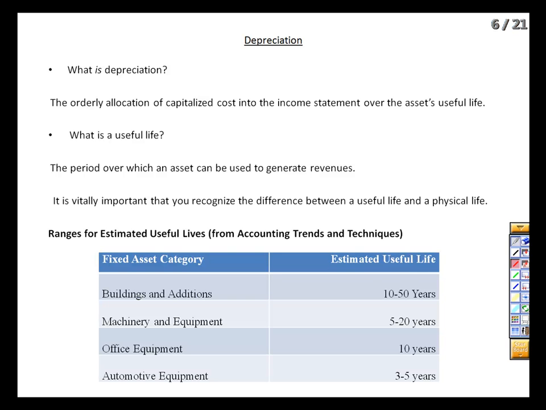Buildings and additions can be anywhere between 10 and 50 years. 50 is the longest period over which we're allowed to depreciate an asset. Machinery and equipment, 5 to 20, office equipment, 10, automotive equipment, 3 to 5. So there's quite a bit of variability in depreciation.